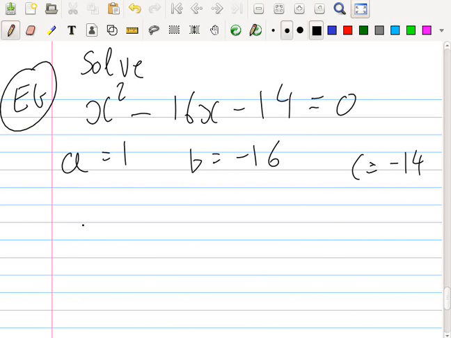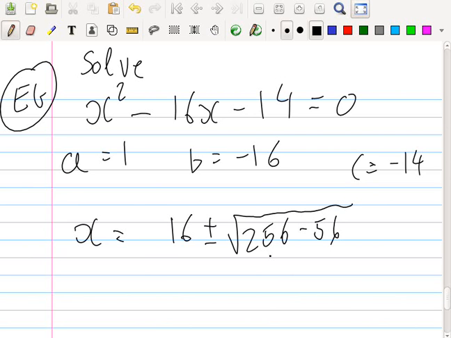So using my formula, x equals minus b plus or minus the square root of b squared, 16 squared, minus 4ac, 14, minus 56, all over 2a. Please check that.